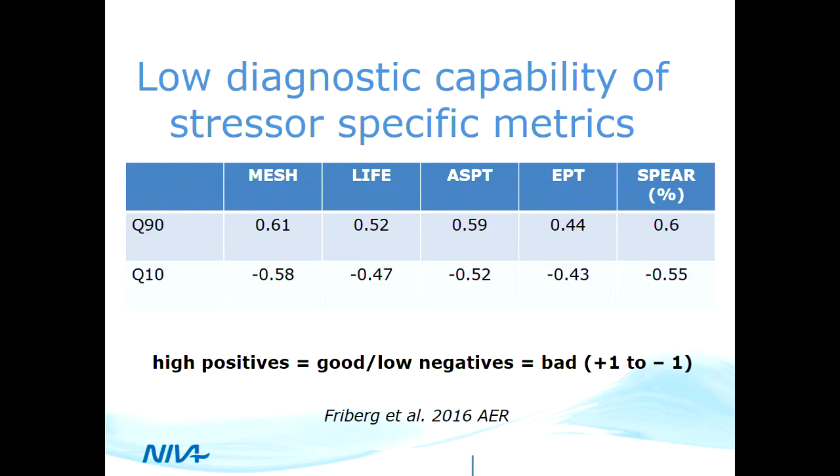The problem is then if we put on other stressor-specific metrics: you have the ASPT again, with general degradation, organic pollution, EPT, which is Ephemeroptera, Plecoptera, and Trichoptera, same story about general degradation, organic pollution, and the SPEAR index on the far right, which is an indicator of pesticide pollution. They show a very, very similar pattern.